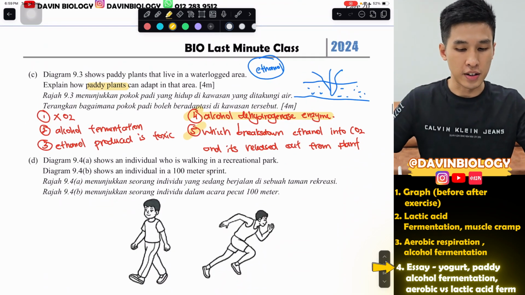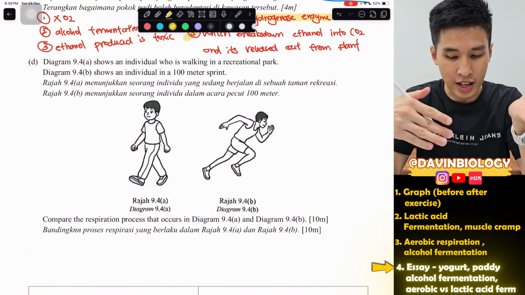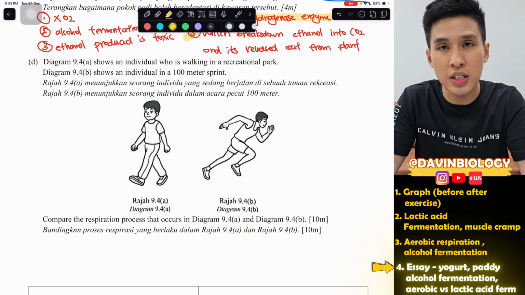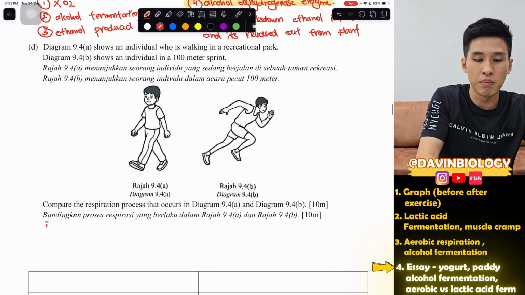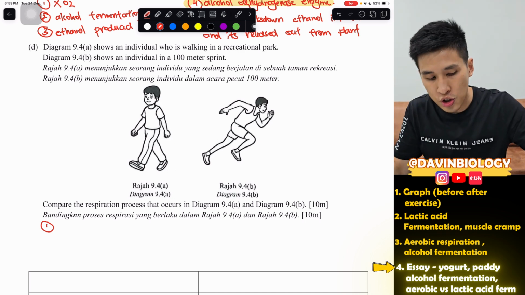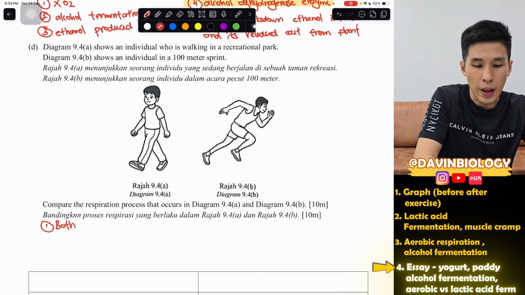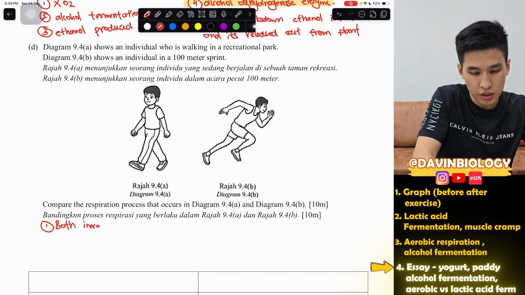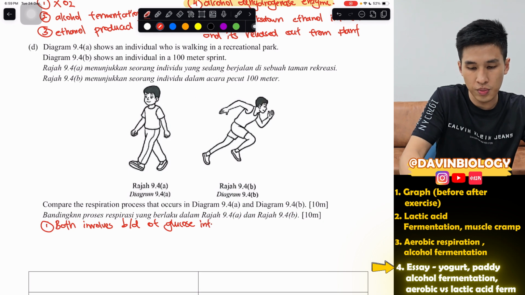And finally, the difference between aerobic respiration and lactic acid fermentation, similarities and differences. Let's start with the similarities first. Both are processes which use glucose to produce energy, right? Both are respiration. So you can say both involve the breaking down of glucose into energy.